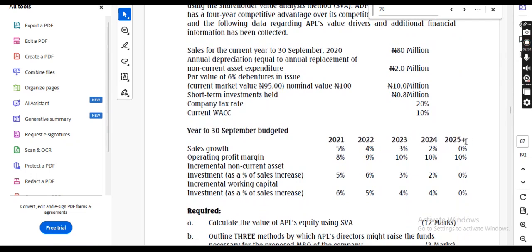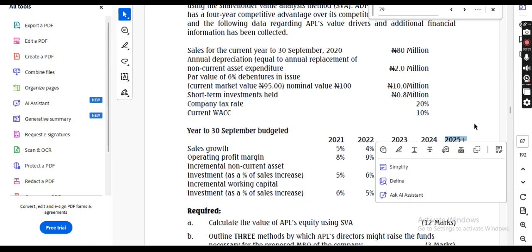So why do we have 2025 plus? 2025 plus here means beyond. That is to infinity, from year 5, which is 2025, to infinity. Because the competitive advantage is for 4 years, we will now have 2025, that is beyond.